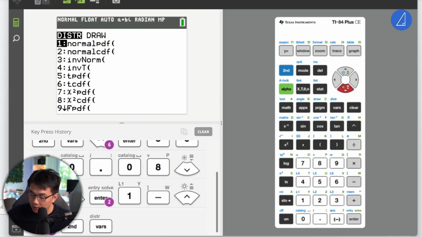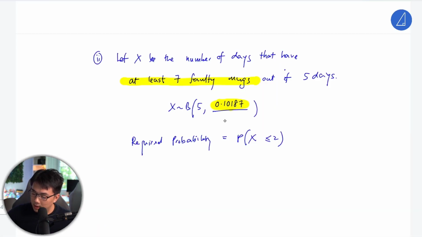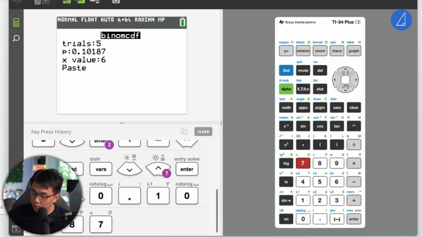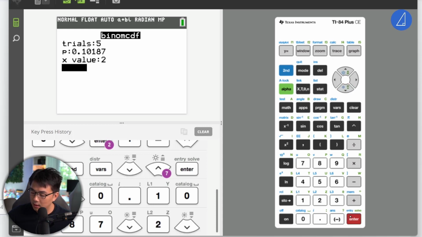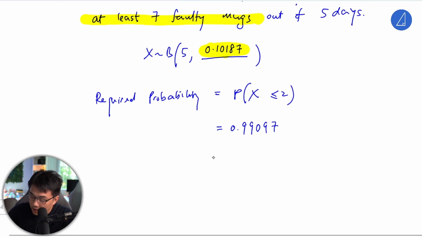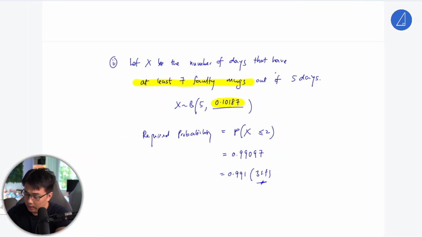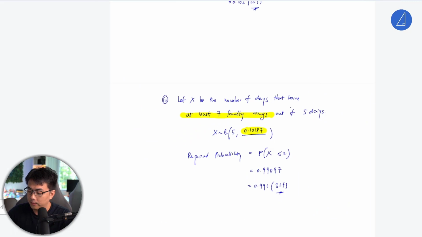Second distribution, then we go to binomial CDF. Then in this case still will be 5, and the success rate will be 0.10187, then no more than 2. So using this key in calculator, 0.99097. So in this case what we get is 0.991 to 3 SF. Okay, so that is part 3.